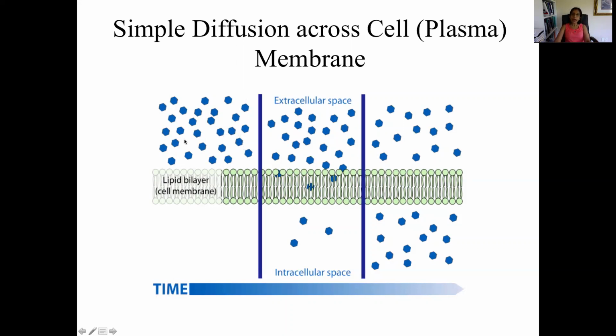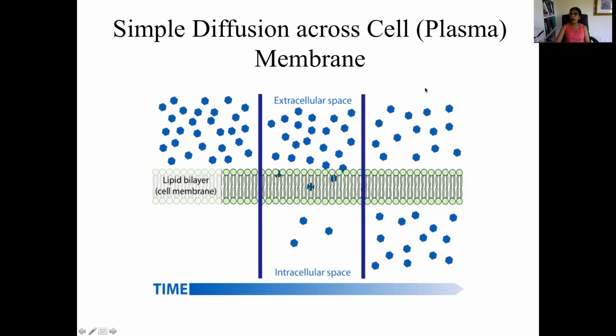As you allow the substance to move, it gets into the cell slowly and steadily. And what has happened here is that the concentration is more or less the same, both outside and inside.